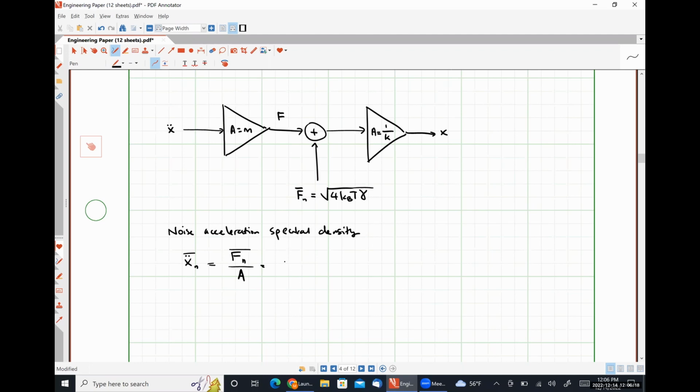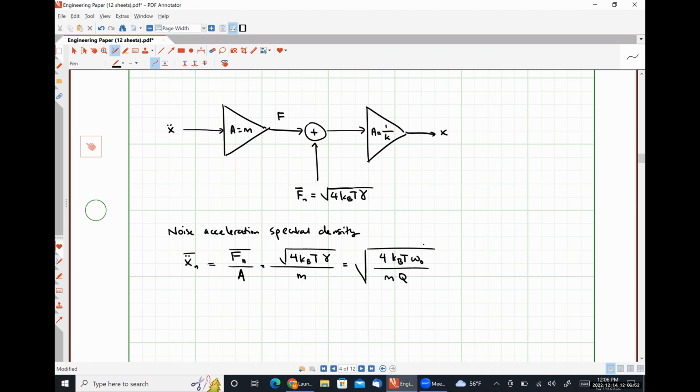So that's going to look like the square root of 4 kBT gamma divided by our mass, or 4 kBT omega naught divided by mass times quality factor, all under the square root sign.